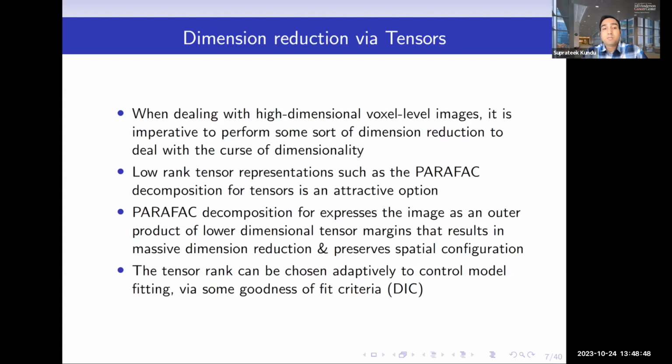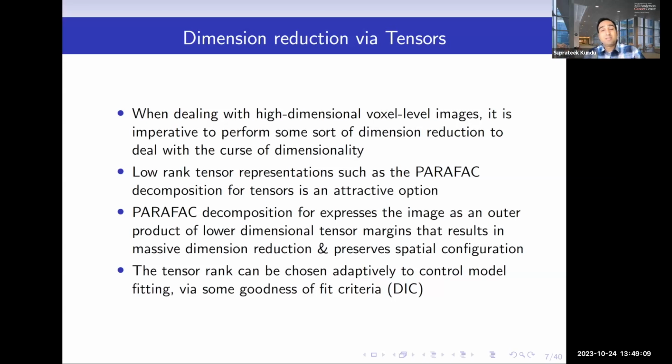That's one of the key considerations. And there are multiple types of tensor decompositions. Without going into the technical details, we use something known as the PARAFAC decomposition. And the way a tensor decomposition works is by expressing a tensor object as an outer product of margins.